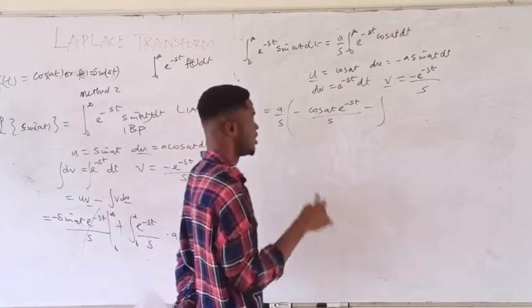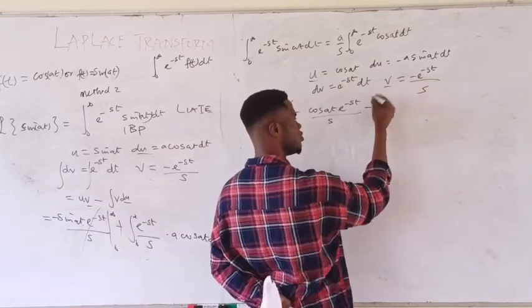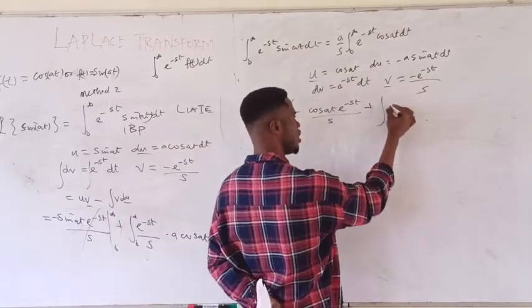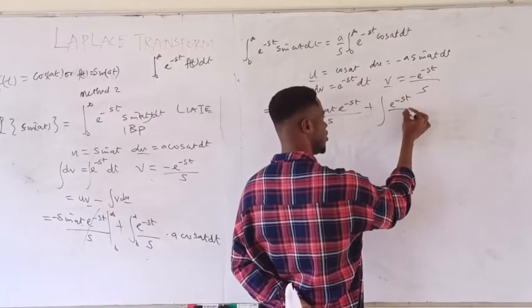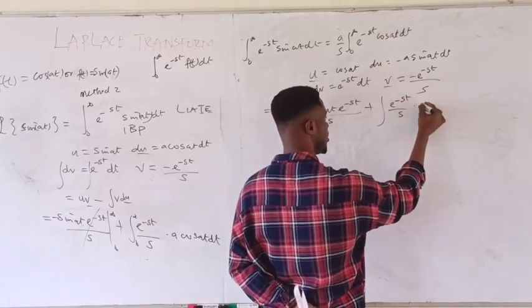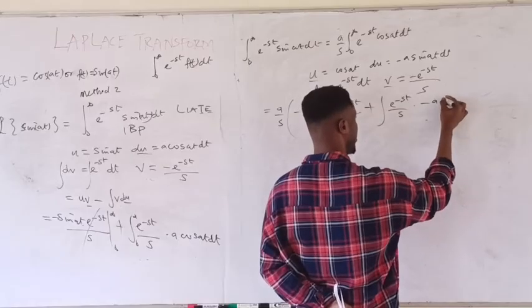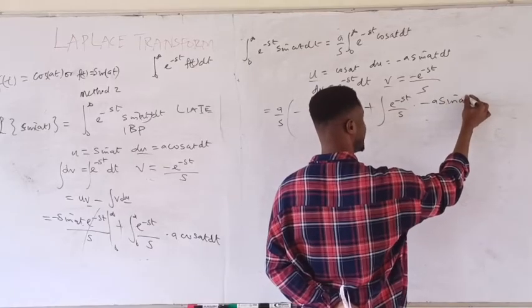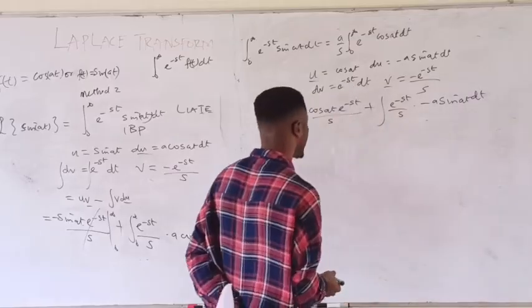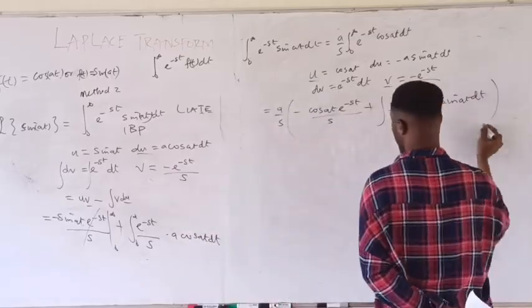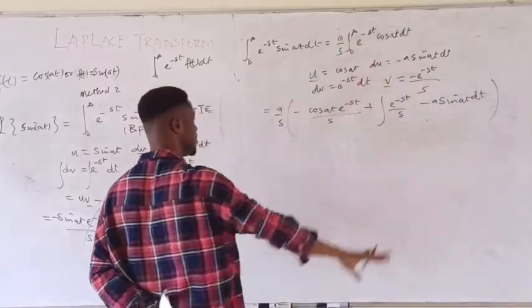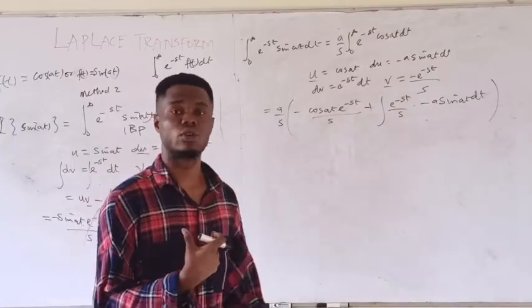Minus v du. So v here, since it has a minus, I'll change this to plus. So exponential of minus st over s. And what is the value of my v du? Minus a exponential of minus st sine at dt. So this is what I'm going to have, right? Remember that a over s is multiplying the entire function, so I'm going to expand.